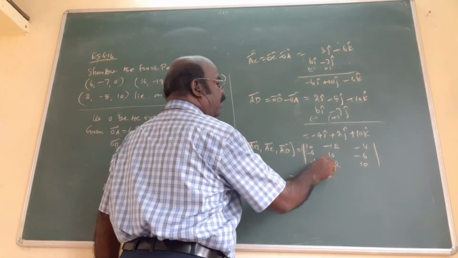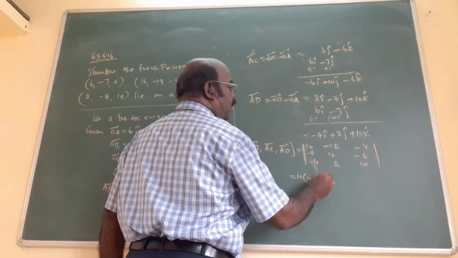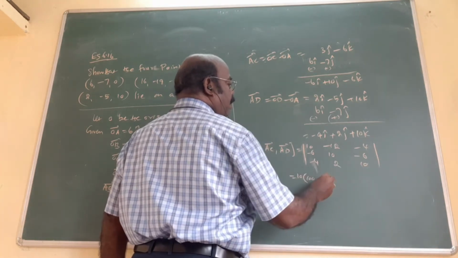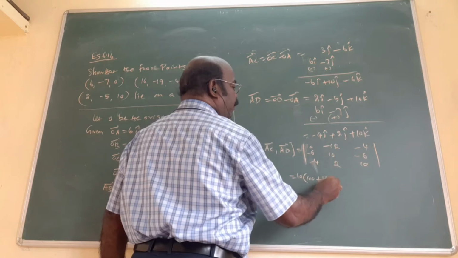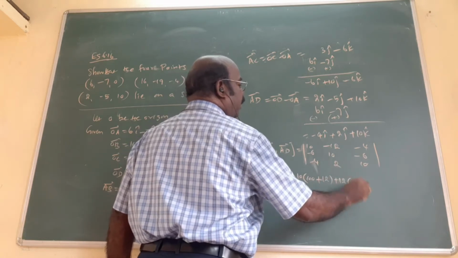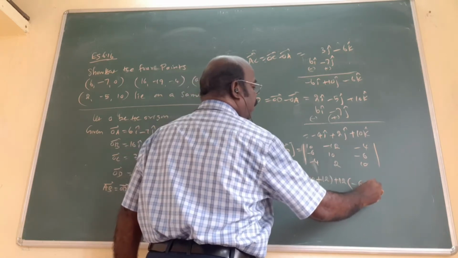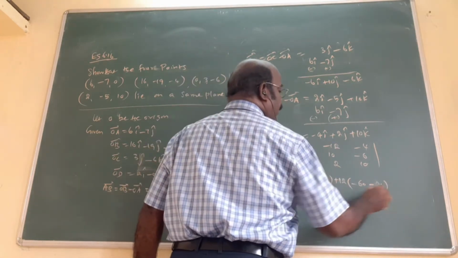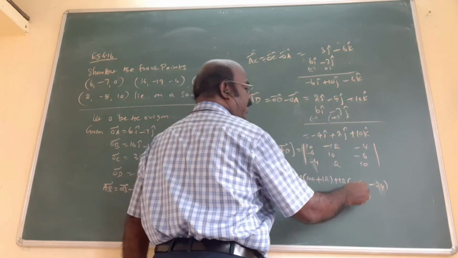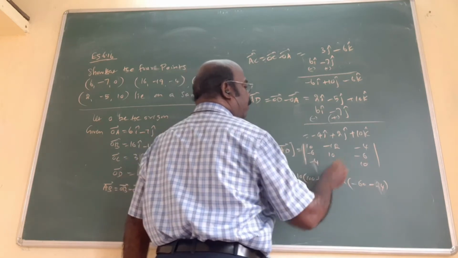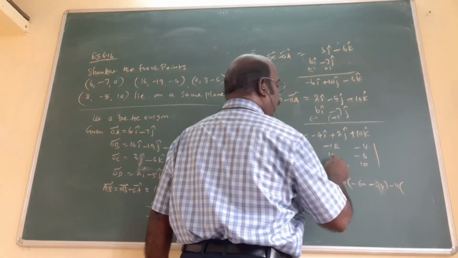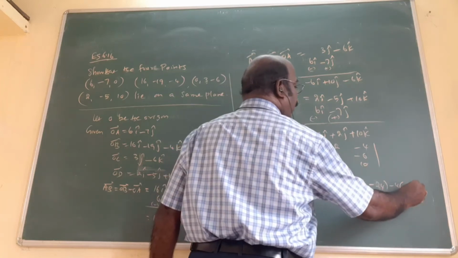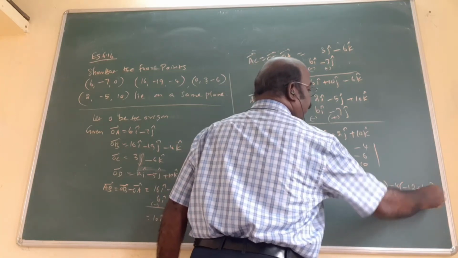10 into (100 minus minus 12), that is plus 12 into minus 16 minus 40, sorry, 24. Am I right? Minus 10 into 10 minus 60. Next, minus 4 into minus 1 plus 40.